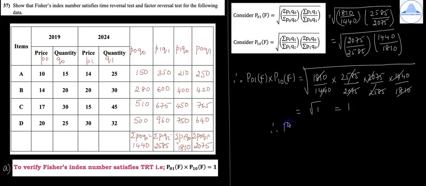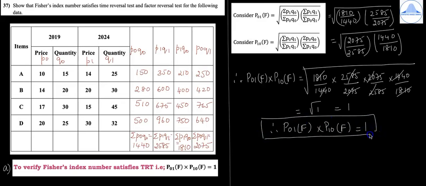So therefore we have P01 of f into P10 of f is equal to 1. So write the conclusion. Therefore, Fisher's index number satisfies TRT.